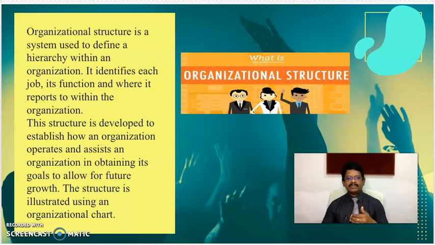Within each category, you will find different layers in terms of hierarchy. Hierarchy in the sense of who is at the top, who is below the top, who is next to that. This kind of design in terms of hierarchy indicates who is reporting and who is actually receiving the reports, right? So who is working under whom. All these things are decided in the organization structure.